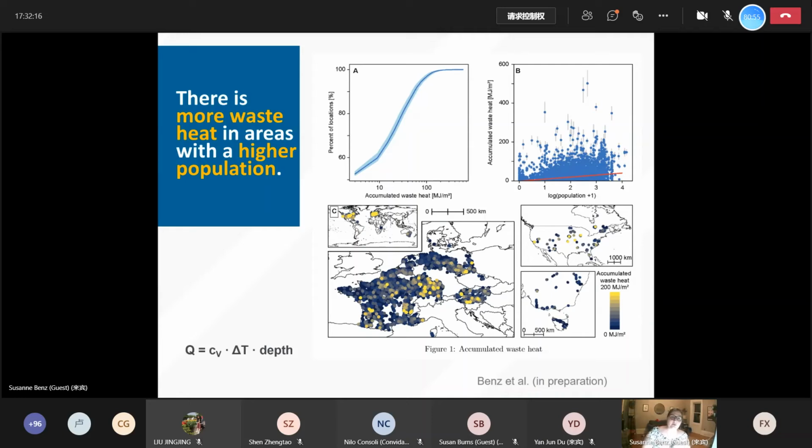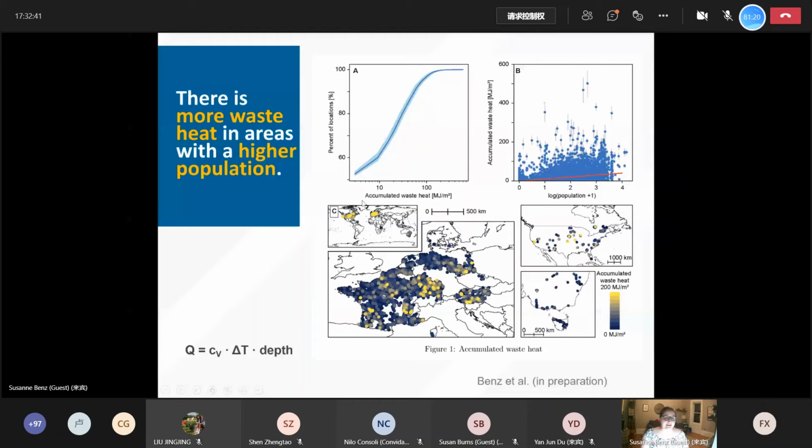So we need to know what our soil is like, and about soil moisture, and we need to multiply it by a depth, the amount of soil that we want to extract this heat from, to simply get absolute values of energy that are stored in the underground and that we would be able to extract simply to put the temperatures back at their default levels. We generally call this accumulated waste heat.